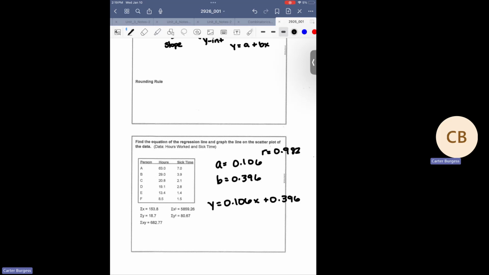And actually what I want you guys to do is enter that equation into your y equals. So y is equal to 0.106x plus 0.396 and go to zoom stat.